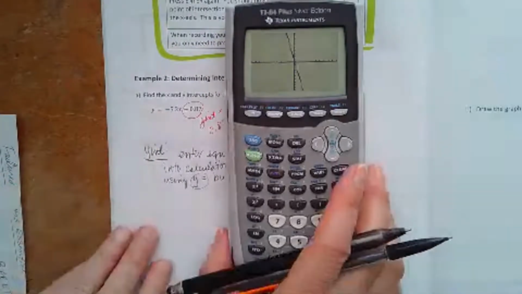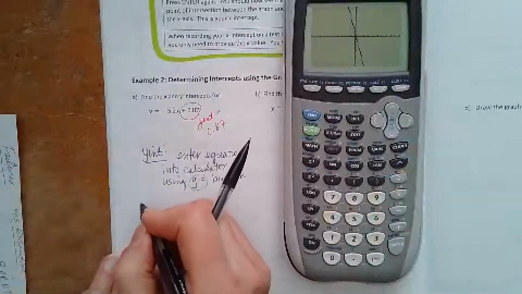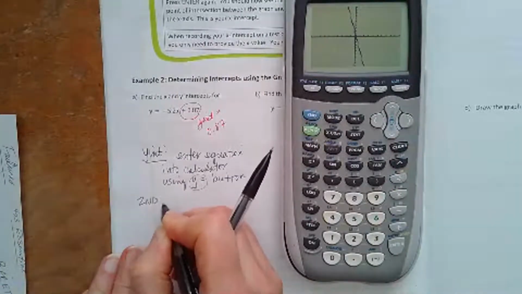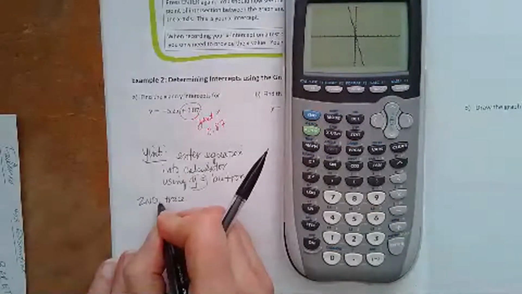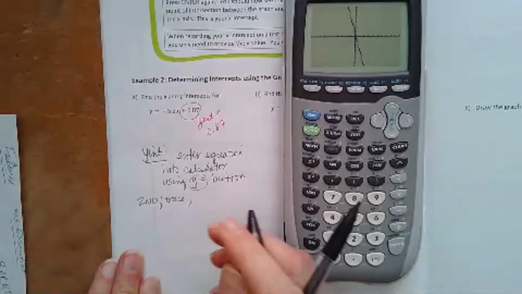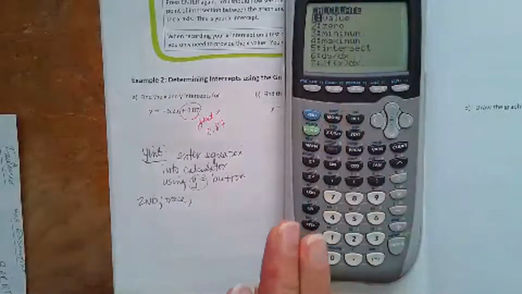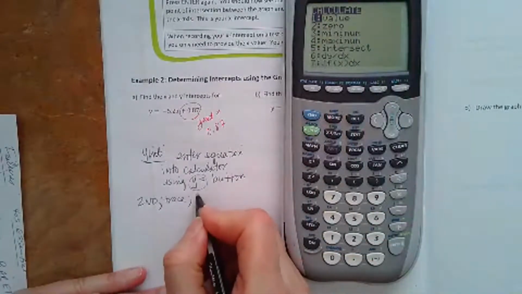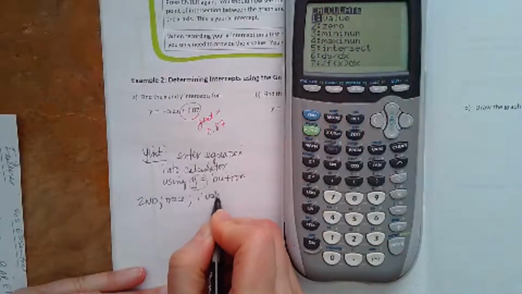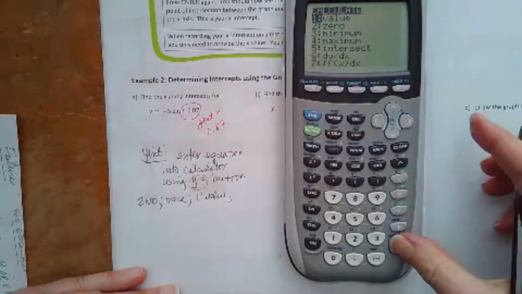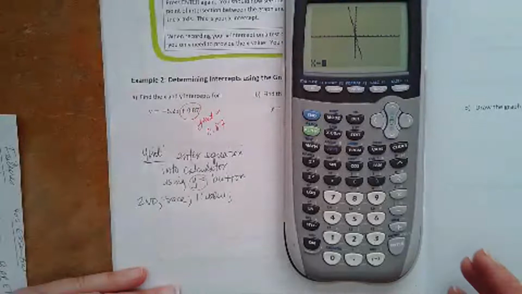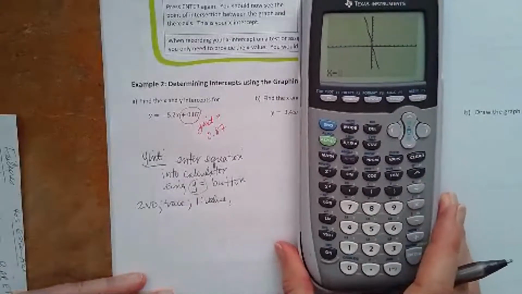Now, to find the y-intercept, we're going to press second trace, and then I'm going to choose option 1, value. As soon as I press enter, it's going to ask me what I want x to be. Well, I want x to be 0, right?